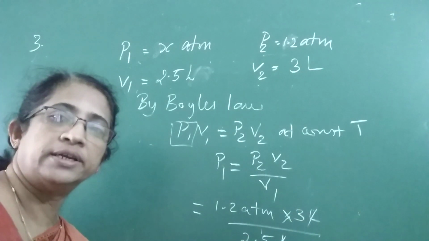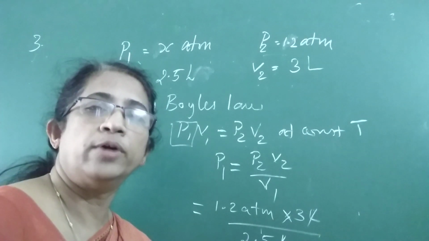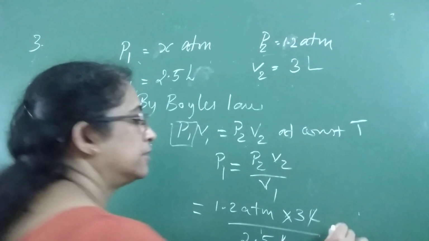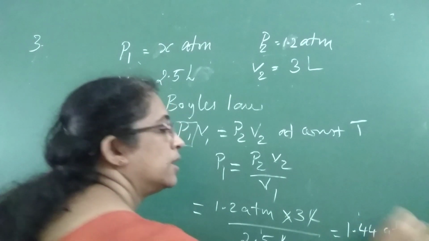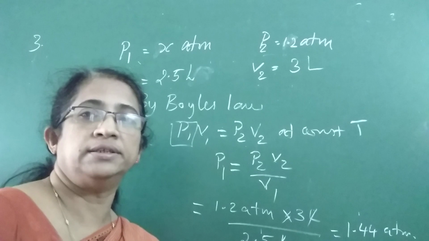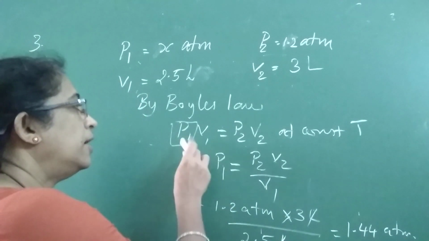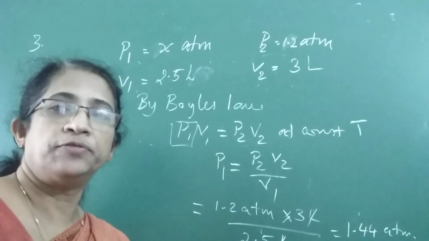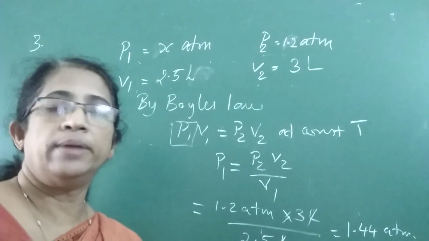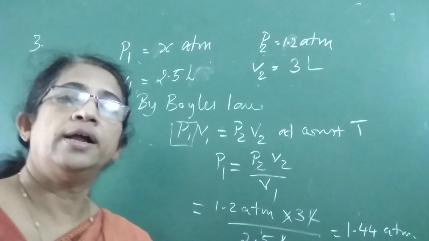Then the answer is 1.44 atmosphere. And at last write the result. The unknown quantity is initial pressure. The initial pressure of the gas is equal to 1.44 atmospheres.